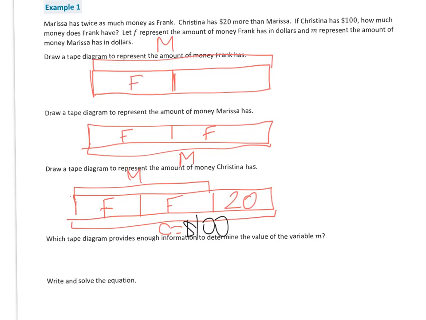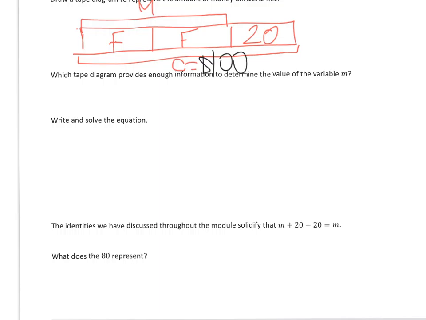So which tape diagram provides enough information to determine the value of the variable M? This guy. That's got the most information. That's got the most actual numbers. So let's take a look. So we're trying to solve for M. So we know M equals $100 minus 20.